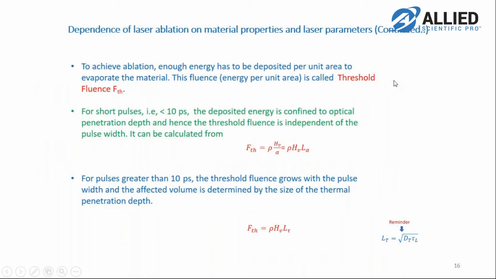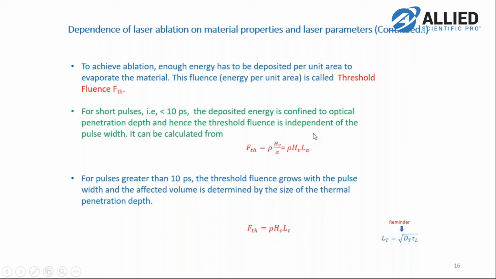So if we define the threshold fluence as enough energy to be deposited per unit area to evaporate the material or to remove the material, this F_TH, threshold fluence, is a product of the density, the heat of vaporization, and either the optical penetration depth or the thermal penetration depth.